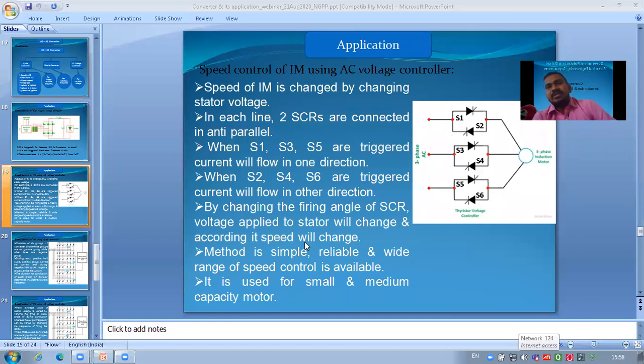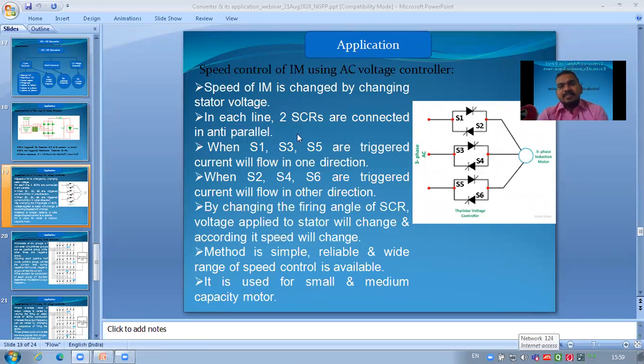AC voltage controller means input voltage is AC and output voltage is also AC, but we can get the variable or desired AC output voltage. As per our requirement, we can adjust the output voltage by adjusting the firing angle of the SCR.